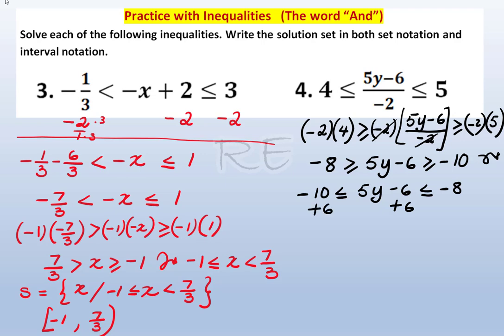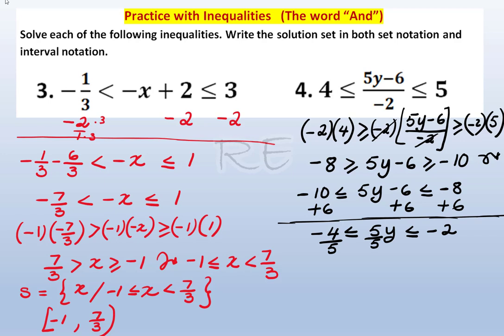Add 6 to all three sides. -10 plus 6 is negative 4, less than or equal to 5y, less than or equal to negative 2. Divide all three sides by 5: negative 4/5, less than or equal to y, less than or equal to negative 2/5.